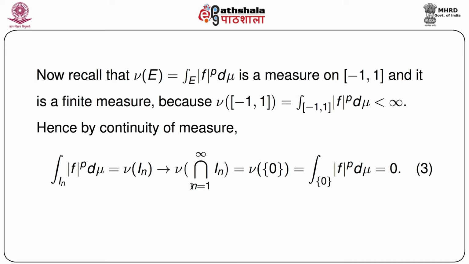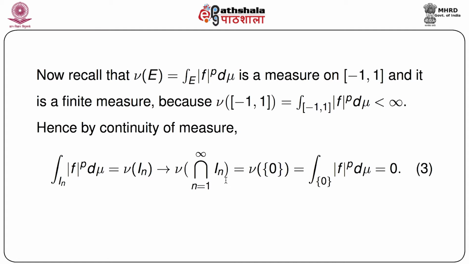Now nu of I_n converges to nu of the intersection of I_n, because I_n is a decreasing sequence of intervals, decreasing sets. So in the limit it will go to the intersection of n equals 1 to infinity. Now if we recall, I_n is the open interval minus 1 by n to 1 by n.